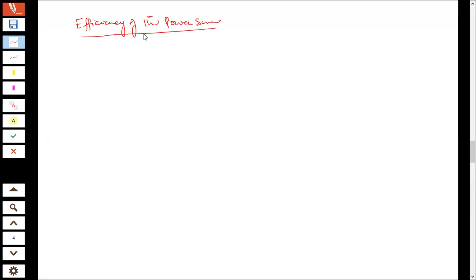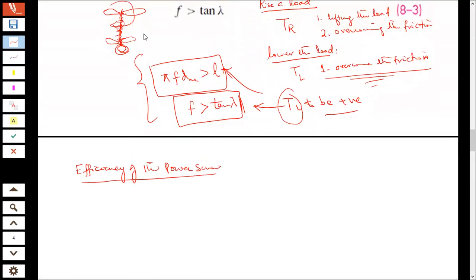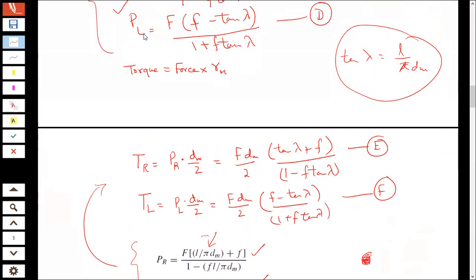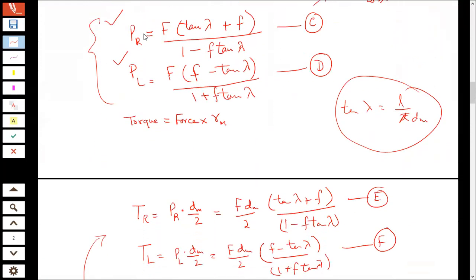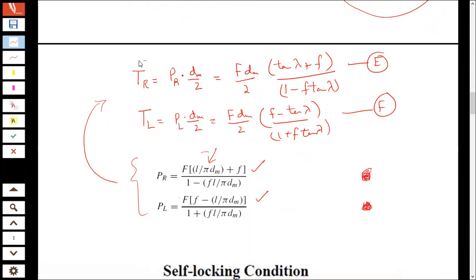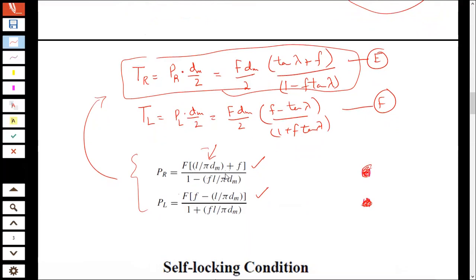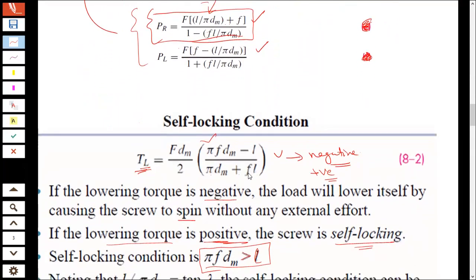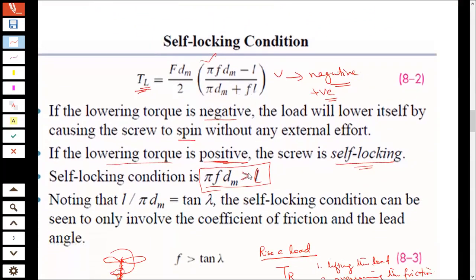So how are you going to calculate the efficiency of the power screw? Okay, let's say that you would look at this power screw, and looking at this power screw, the torque required to raise the load up is F dm over 2 times (FL over pi dm plus f).